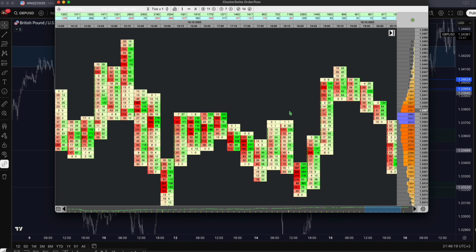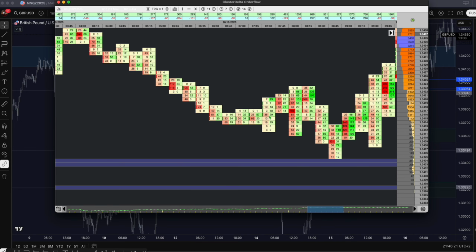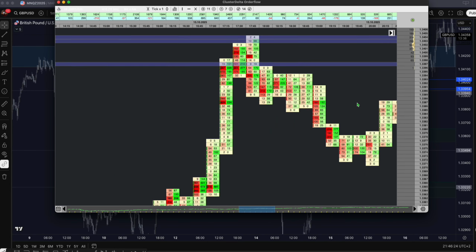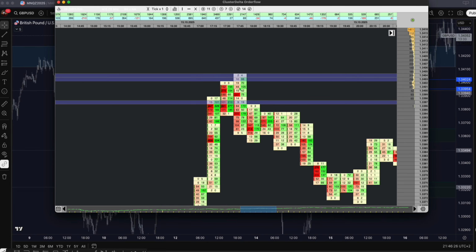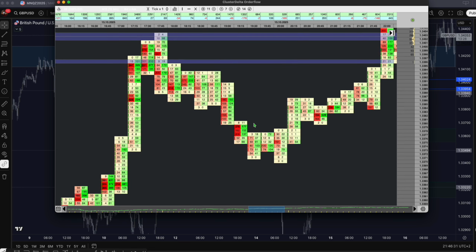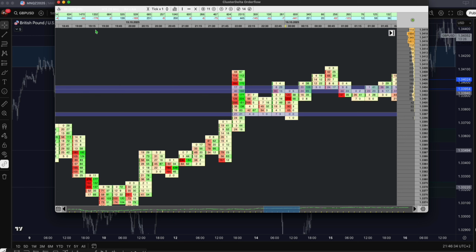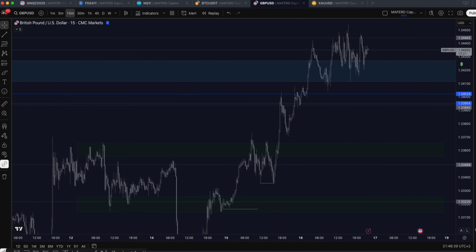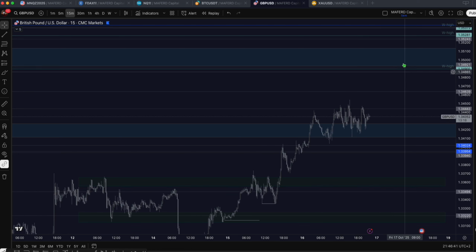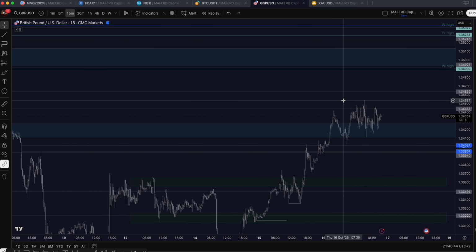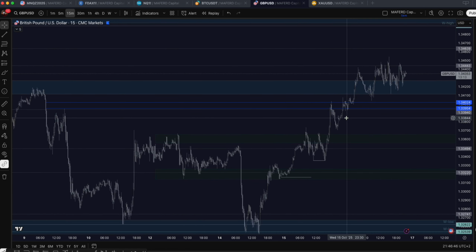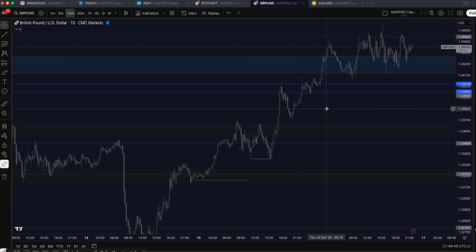And as we can see right here from yesterday, the price reached these levels, perfectly filled the inefficiencies, and nicely reacted off of it. Then, of course, it continued higher, but it can also do something like this, especially because we have higher inefficiencies over there. And that's basically it.